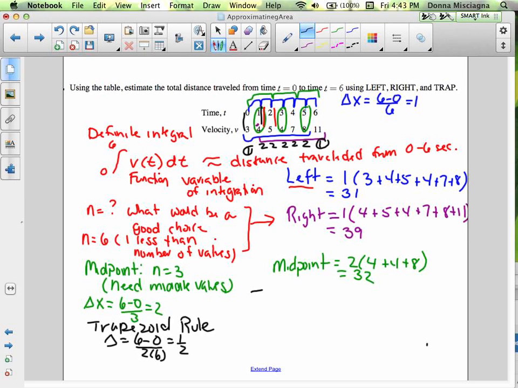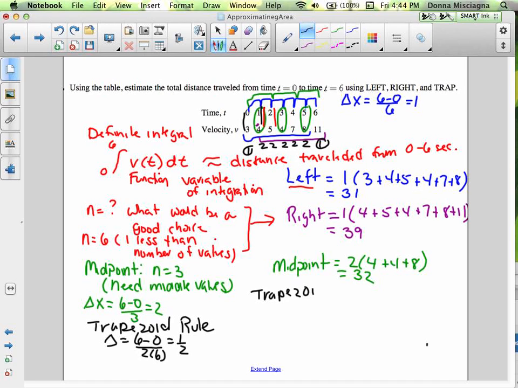Which makes perfect sense, because if we were figuring out the area of a trapezoid, we take 1/2 the sum of the bases, times the height. So this is like a trapezoid flipped on its side. The height, the distance between the bases, is going to be the change in x, and the bases are the values of the function.